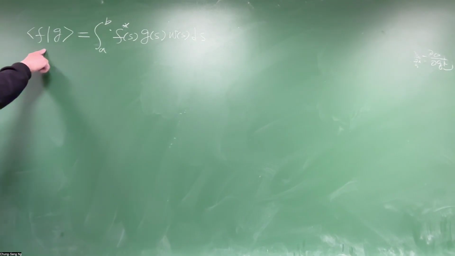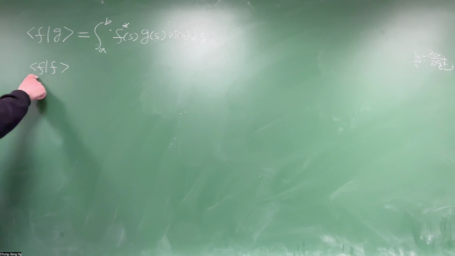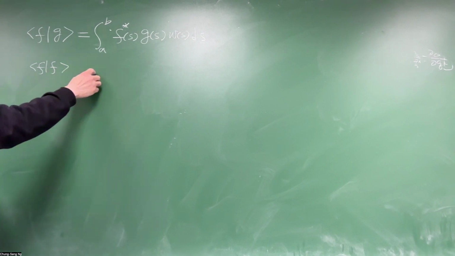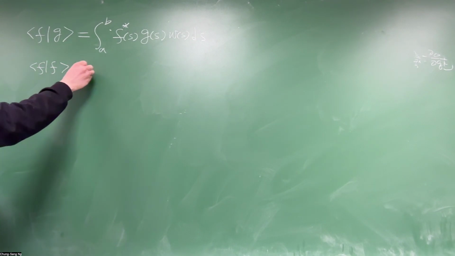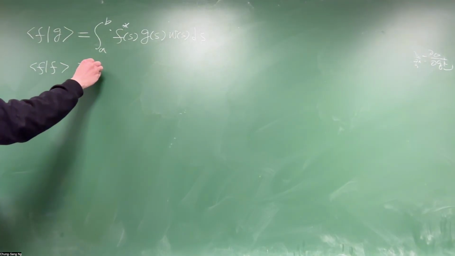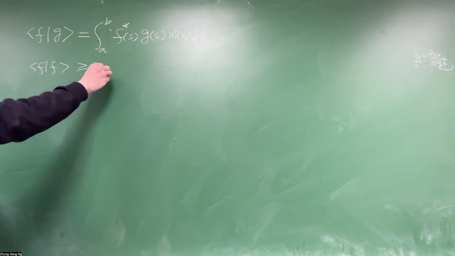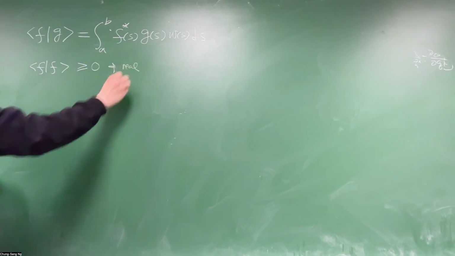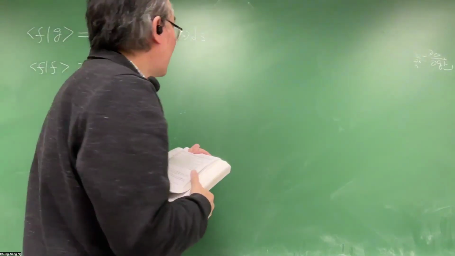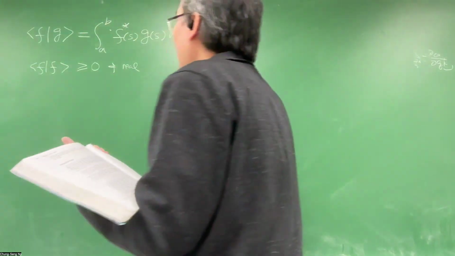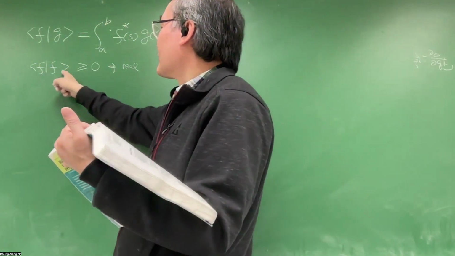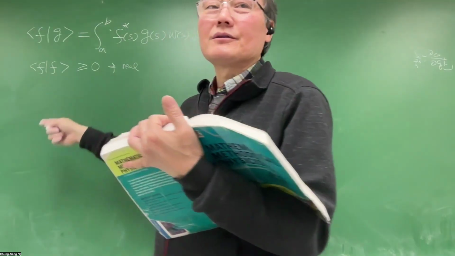One requirement for the scalar product is that if you take the scalar product of a function with itself, we require it to be real and greater than or equal to 0. Obviously, if it's not real, we cannot talk about whether it's greater or less than 0. So we require that, and it's 0 only when f is exactly 0, otherwise it's not 0.